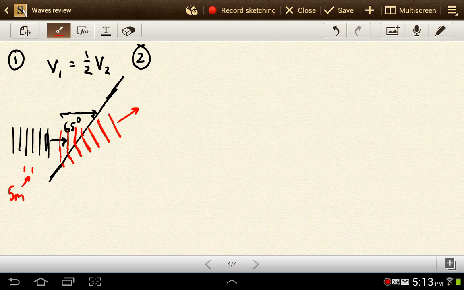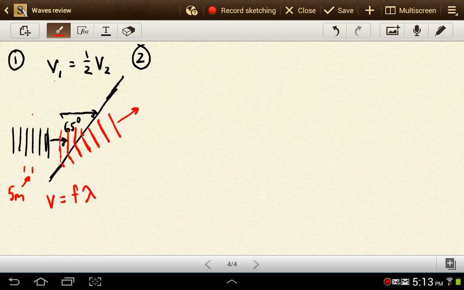So, this one's not very hard, because this is just an application of v equals f lambda. So the frequency you can think of is the number of waves per second. In this case, it's the number of lines of the band that pass a given point per second, or within some unit of time. Okay, so if we take lambda as being 5 meters, frequency is whatever, and then the velocity, or the speed of the wave, changes.